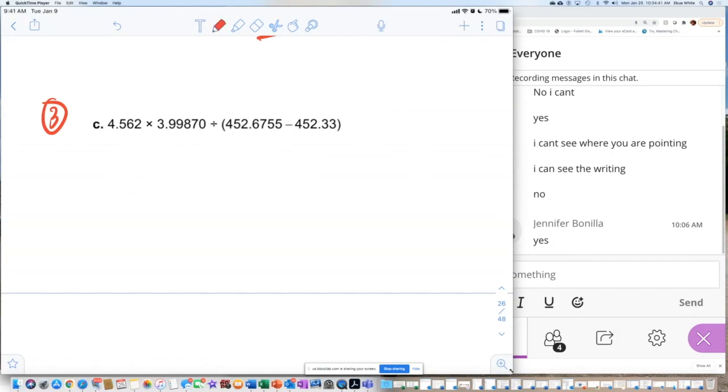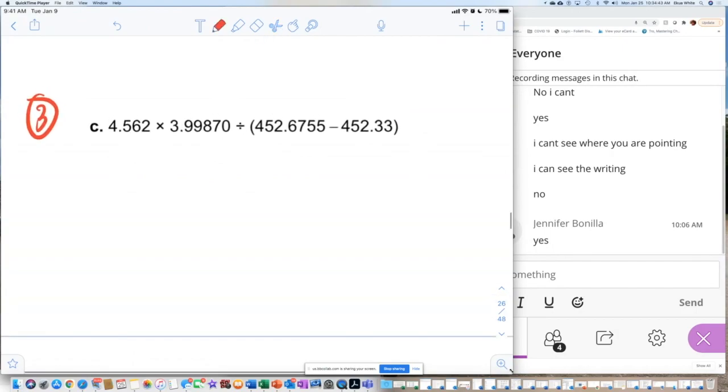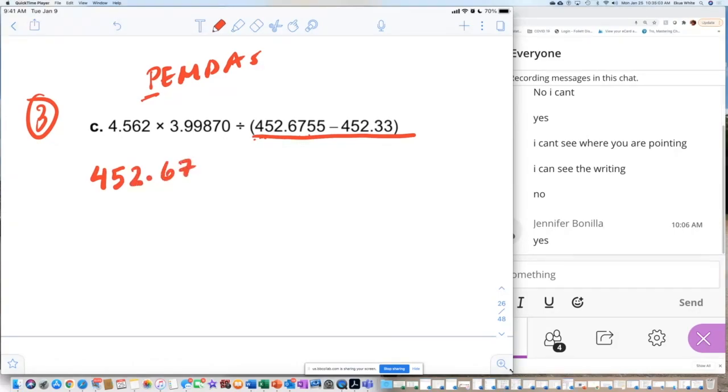There. So with this one here, we have to do parentheses first. Okay, parentheses first. So we'll start with this number here, 452.6755. Okay, so 452. I'm starting here first, right? 452.6755.